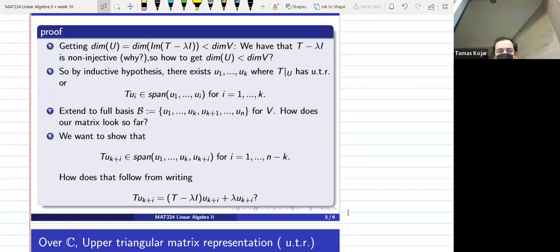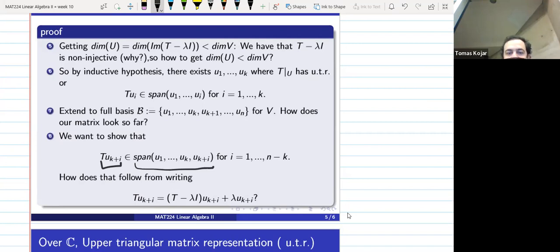Right. So you want to show that the rest of them are also upper triangular. So you just take any one of them, like let's do it for T(K+1). And you want to show that it's in the span of the previous ones. In this step I didn't do anything.